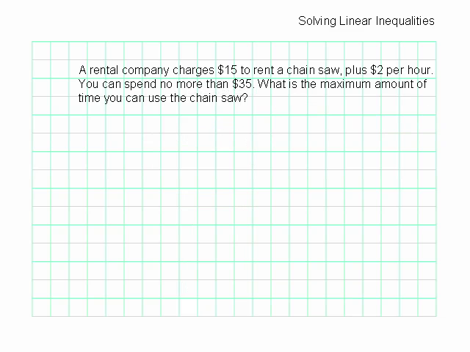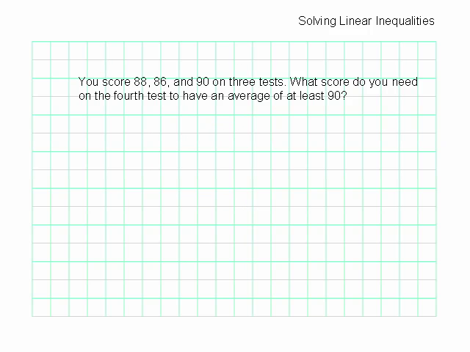Another word problem here. You score 88, 86, and 90 on 3 tests. What score do you need on the 4th test to have an average of at least 90? So let's let x equal our score on the 4th test. So if we average all 4 of our test scores, we've got to take 88 plus 86 plus 90 plus whatever we got on the 4th test, x.